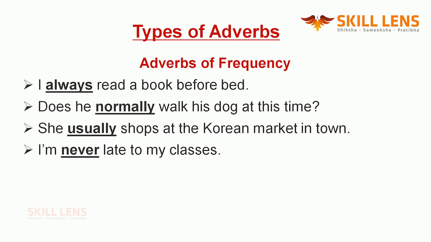In a jumbled sentence, a sentence is broken into maybe 4 parts and they are given to you in a jumbled form. You need to arrange them in an order to form a logical sentence. Mostly, the concept of adverbs of frequency is tested in jumbled sentences.